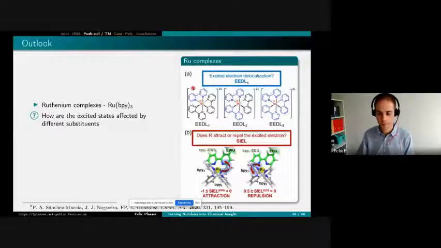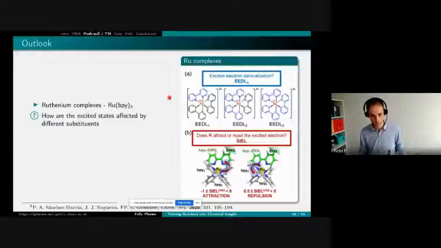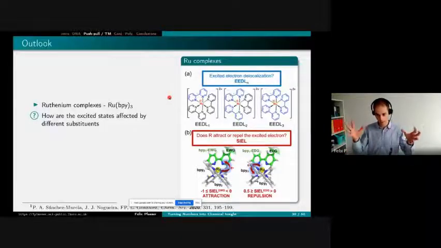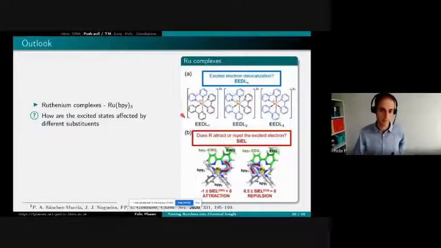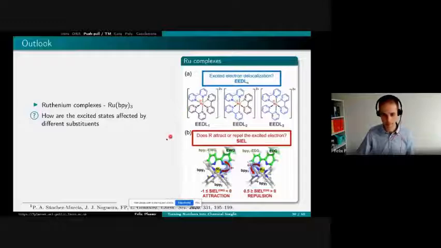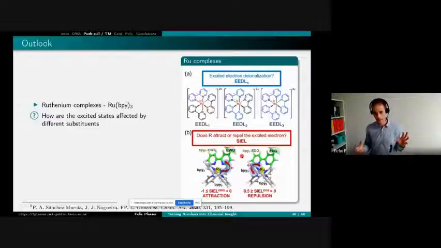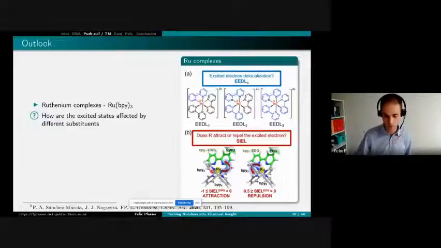The unsubstituted system will have a delocalized state to start out with, and once it relaxes, a localized state. The question is how this is affected by substituents. Is even the first state already localized? The other thing we looked at is substituent-induced electron localization. The question is, an electron-withdrawing group wants to have the electron in the excitation.